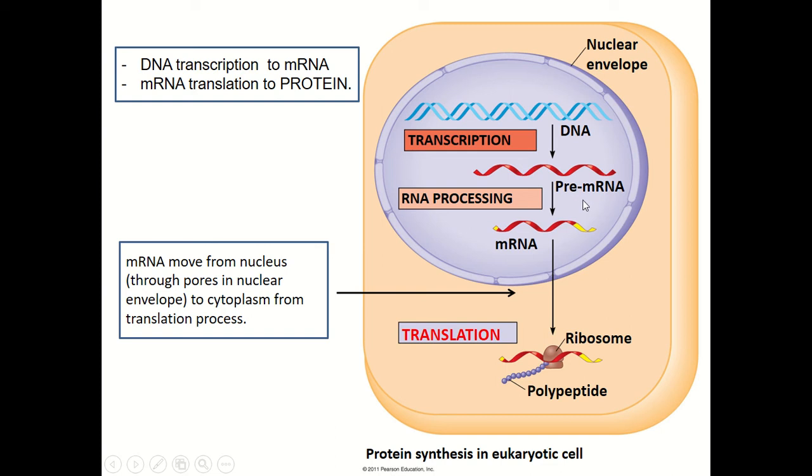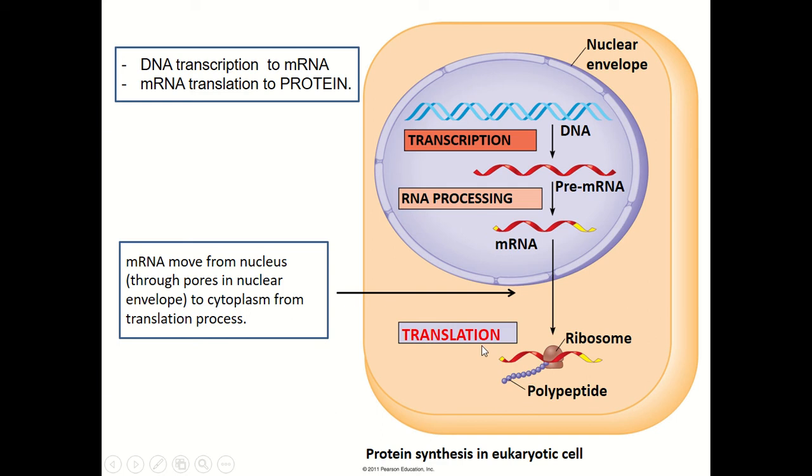During RNA processing, they will add the guanine nucleotide cap at the 5' end, and then they will also add the poly-A tail, which is adenine nucleotides, at the 3' end. Then this mRNA will be dispatched from the nucleus into the cytoplasm of the eukaryotic cell for the process of translation.